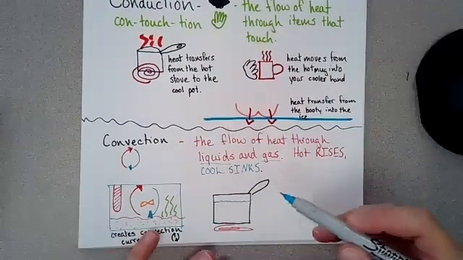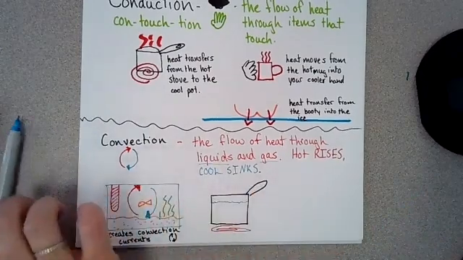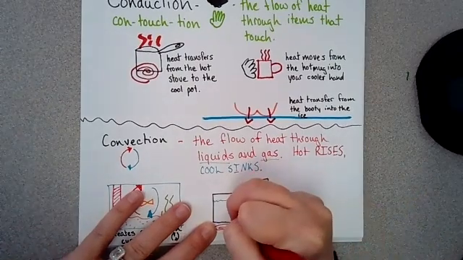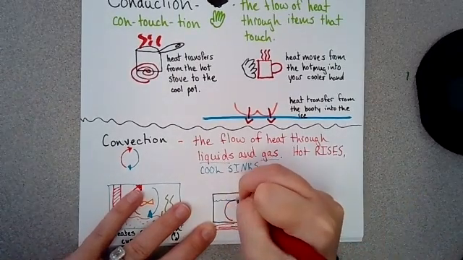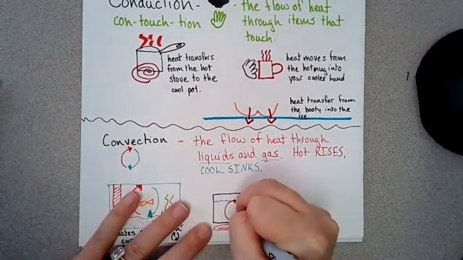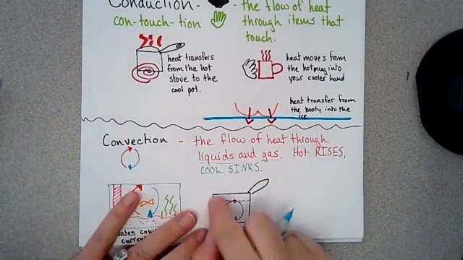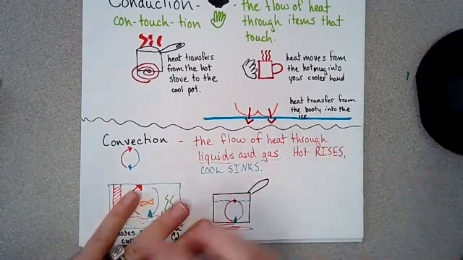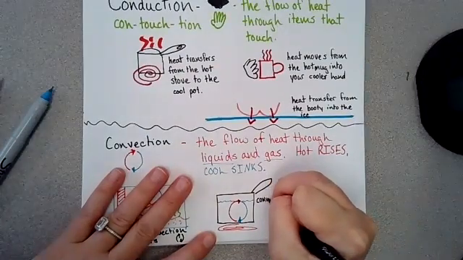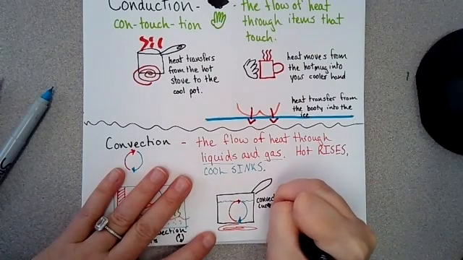Now, the pot itself is heating up because it's touching the burner, but the water inside is heating up because the water on the bottom gets hot first, and it rises up to the top, and then the cool water at the top sinks down to the bottom. And that creates a convection current. It's kind of like a swirl, okay? So convection currents in boiling water.